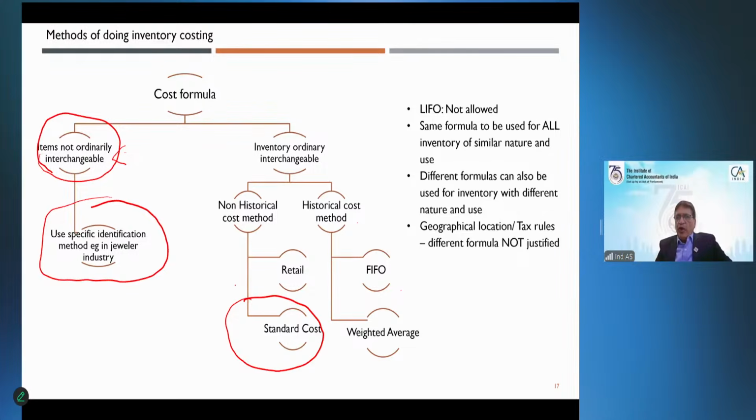In the end, there is some amount of inventory which is left. Now that has to be valued. You can also value that inventory at standard cost. But the standard says that this standard cost should be near to the actual and it should be revisited from time to time to see if there are any changes in standard cost.